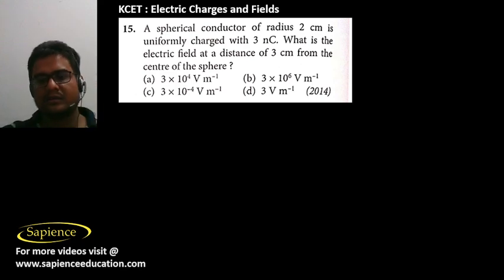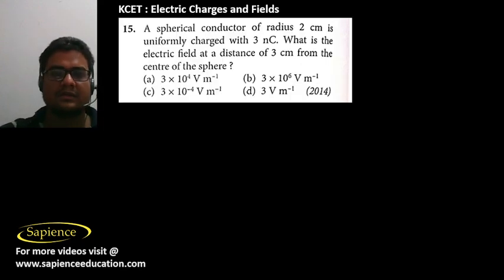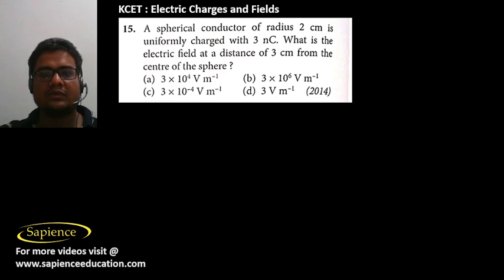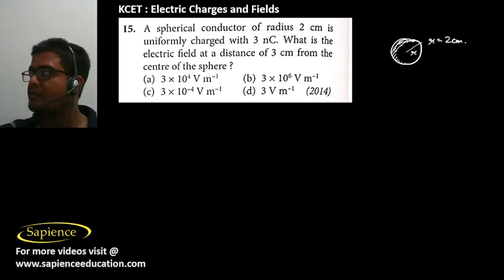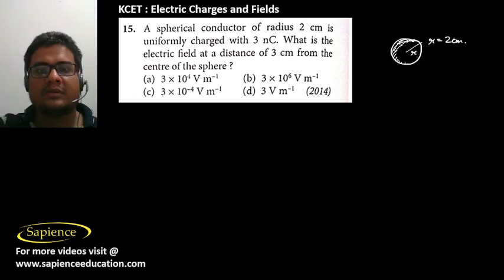Question number 15. A spherical conductor of radius 2 centimeter is uniformly charged with charge 3 nano coulomb.